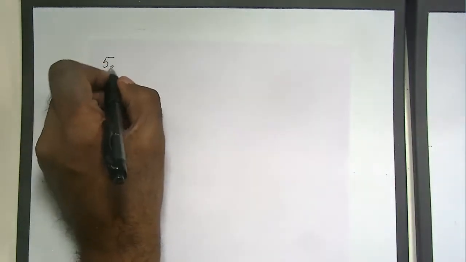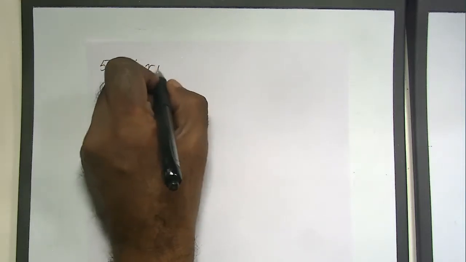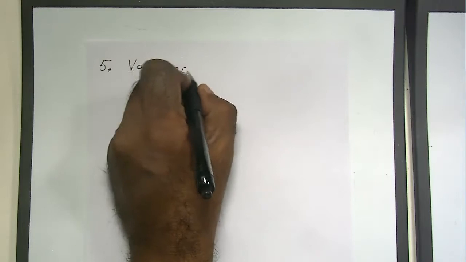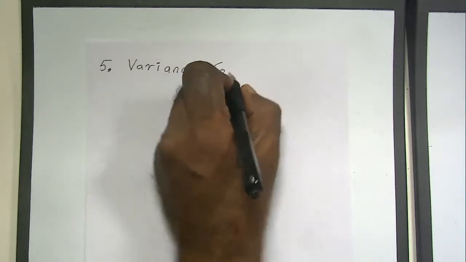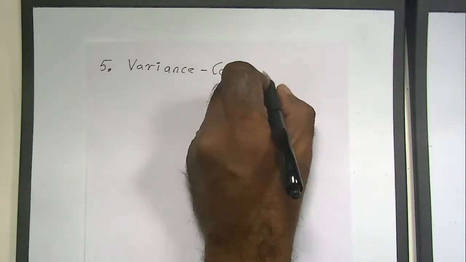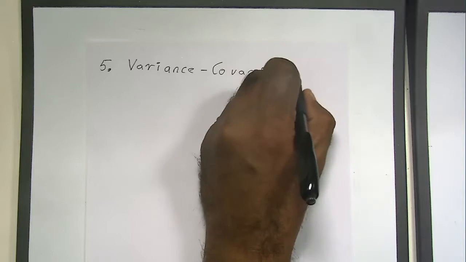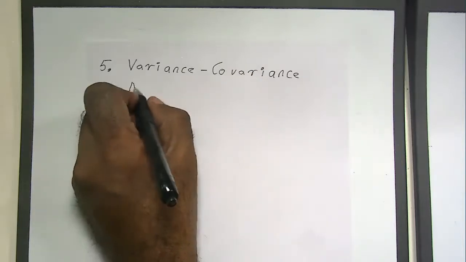Number 5, the variance, is an important method. It's known as the variance covariance method.